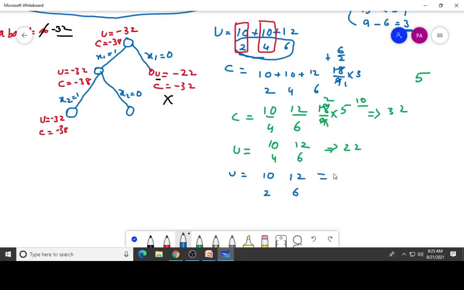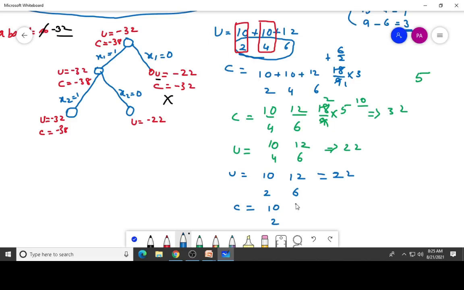So what is the upper bound? 22. So here U is equal to minus 22. Now again see the cost. Cost is equal to same thing.